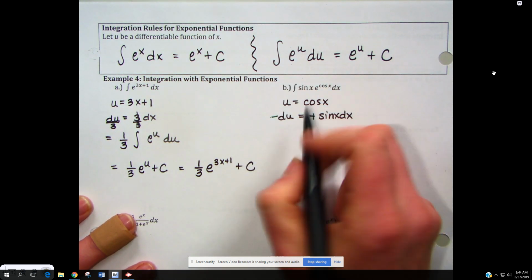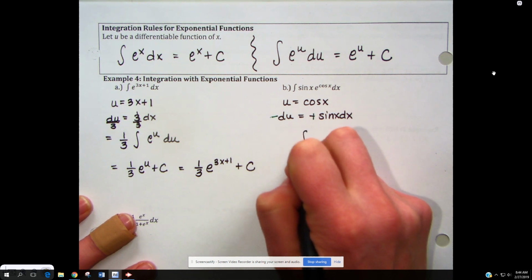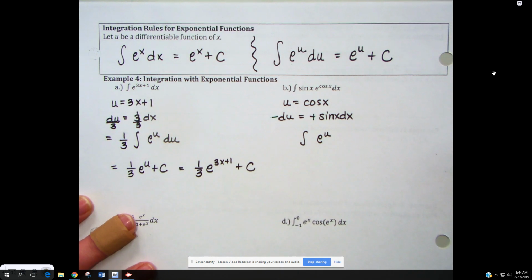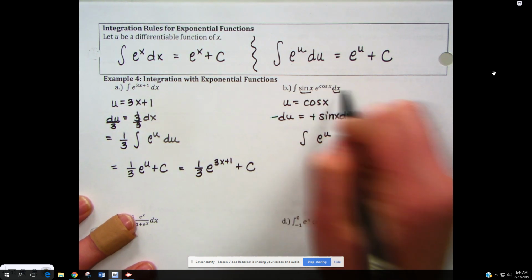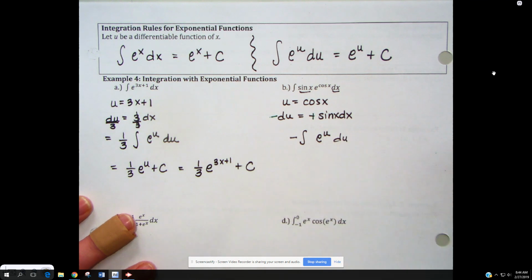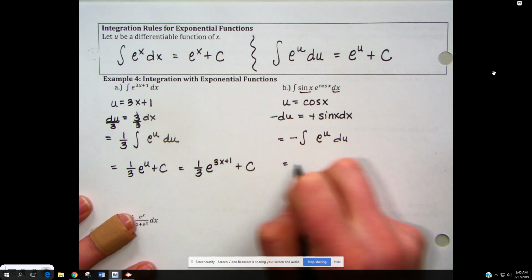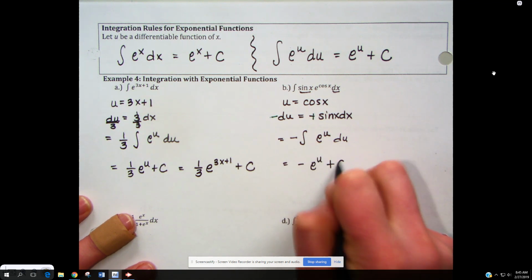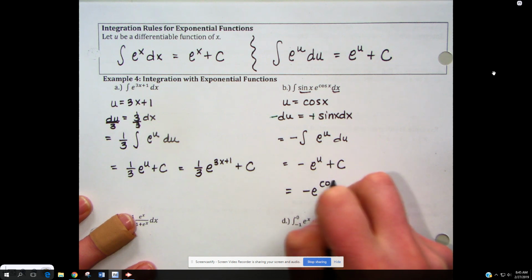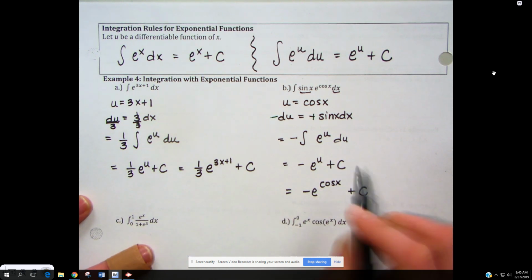And when I go to do the substitution step, e to the cosine x becomes e to the u. My sine x dx is exactly equal to -1 times du. If I integrate that using the rule above, I've got negative e to the u plus c, and back substitution, negative e to the cosine of x plus c.